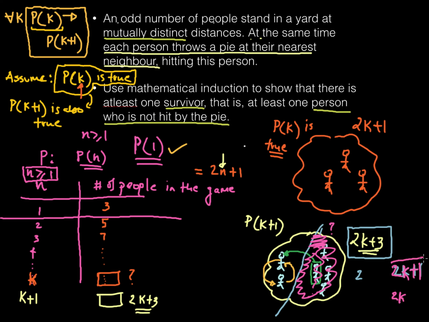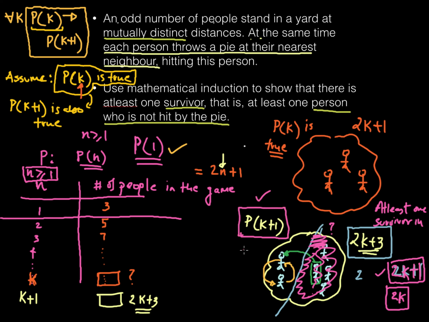So if I had 2k plus 1 people, and 2k pies were thrown in that region, I can see that this number over here is greater. And if the number is greater, that implies there is at least one survivor in this entire circle in yellow, which implies that P of k plus 1 is actually true.